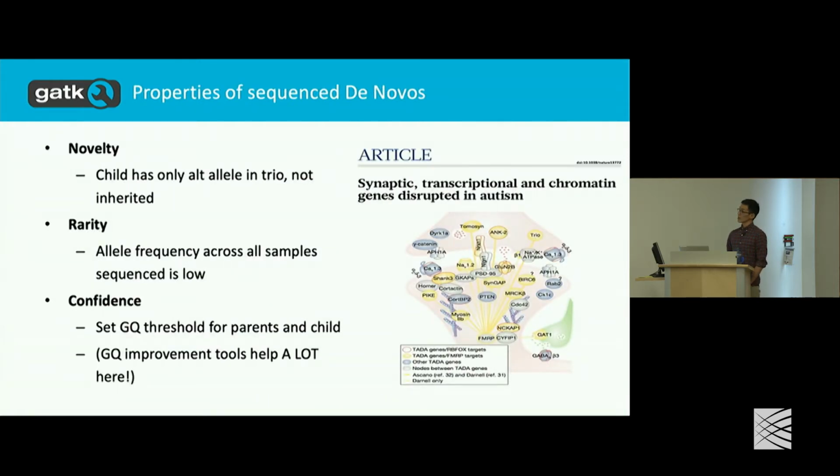And de novo mutations are novel and rare, so if neither parent has the disease, but the child has it, it could be de novo. I'm not a clinician, so I don't know, but it seems plausible.